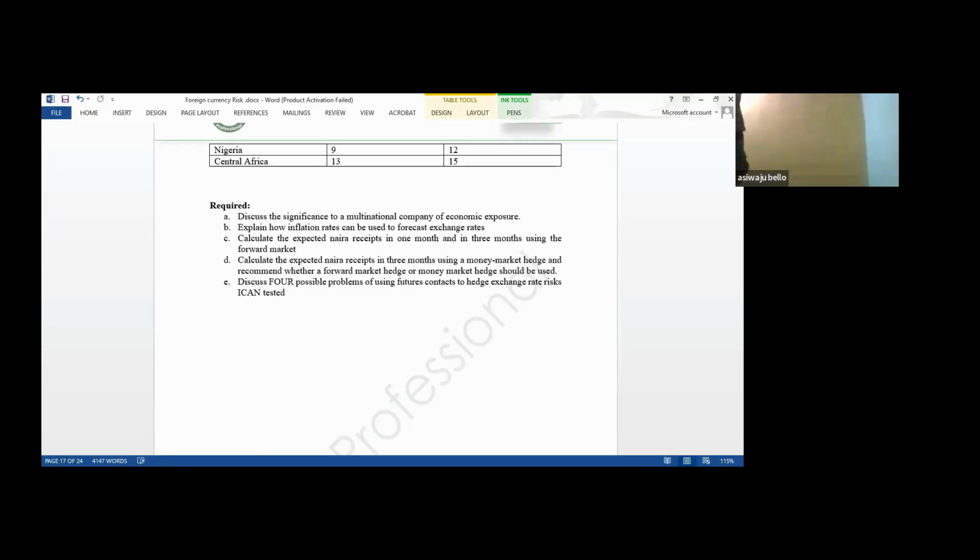For this question, examiner has given us 1 month forward rates. Examiner has given us 3 month forward rates.